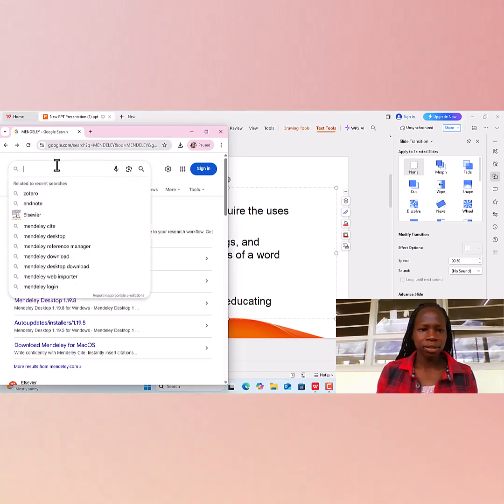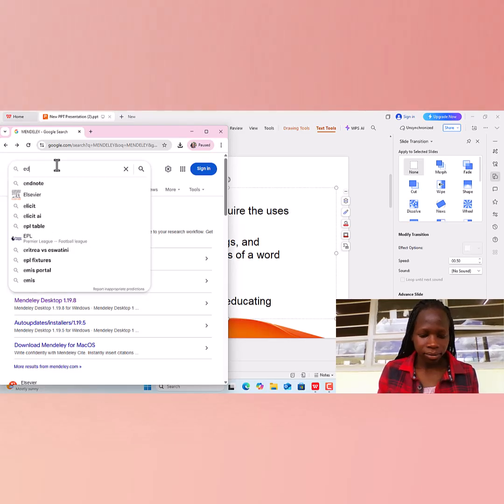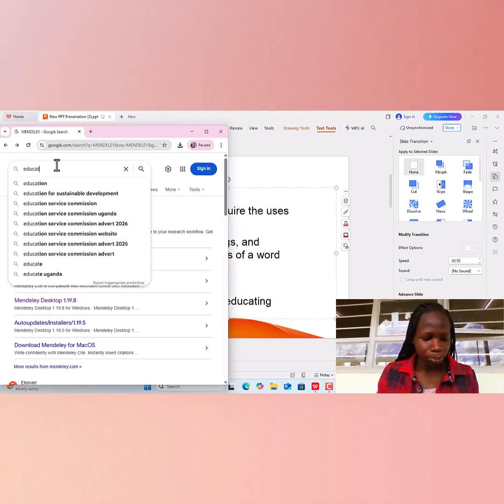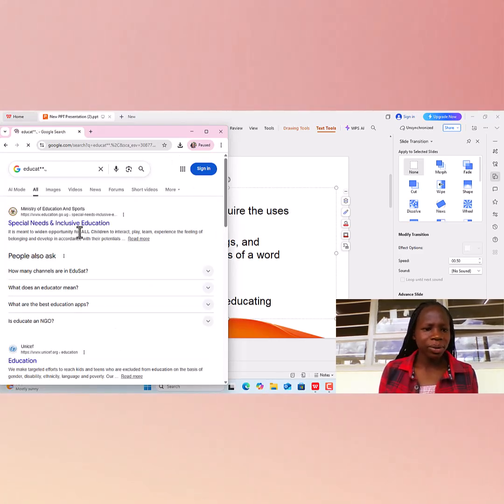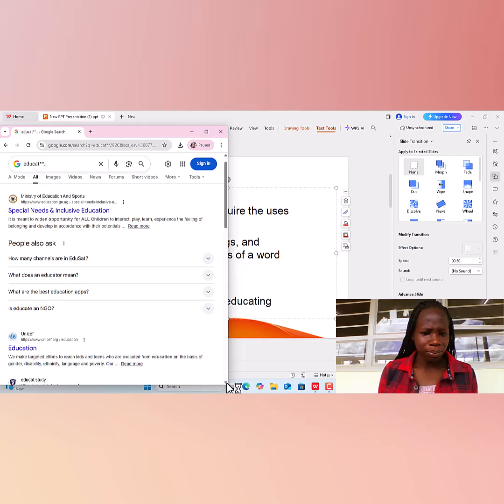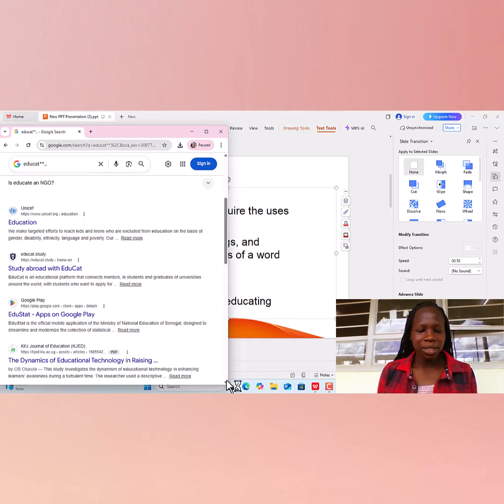So we will say educate, then we'll put our hash string, and we search to see the different words it's going to mean. So when you put educate, it can either mean education or study abroad with educards or edustart. So it will give you the various different meanings of the word.